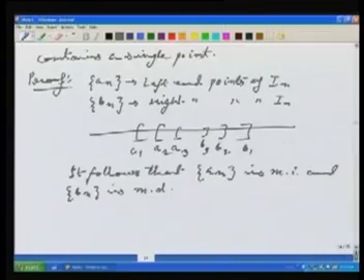Now if I want to ensure that the sequence ANs converge, what else do I need? Every monotone increasing sequence doesn't converge, right? You can look at the sequence xn equals n, it goes to infinity. So the condition you need is bounded, that I have proved a few minutes back. Well, let us see whether the sequence AN is bounded.